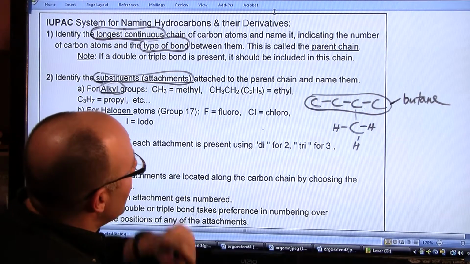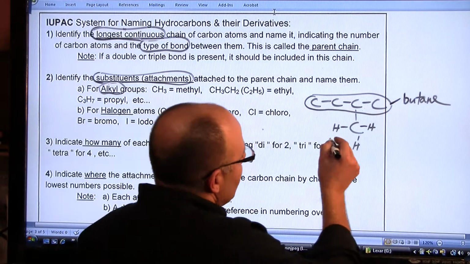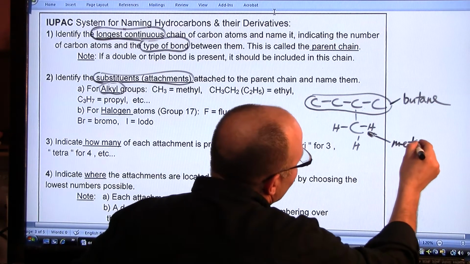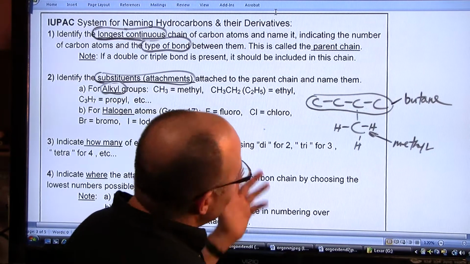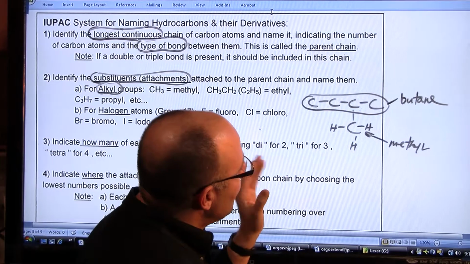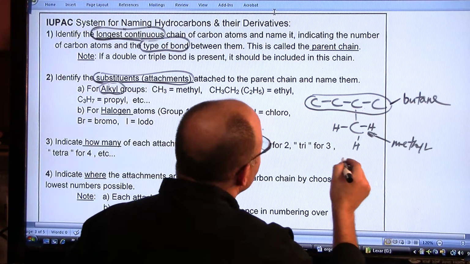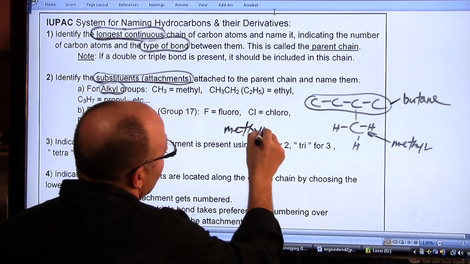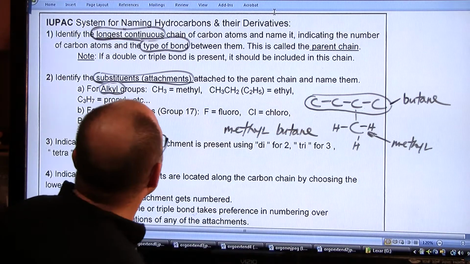If it were a 2-carbon attachment, it would be an ethyl, then propyl, etc. So when we put this together, we would have methyl butane for the name of this compound. Methyl butane, 2 separate words.